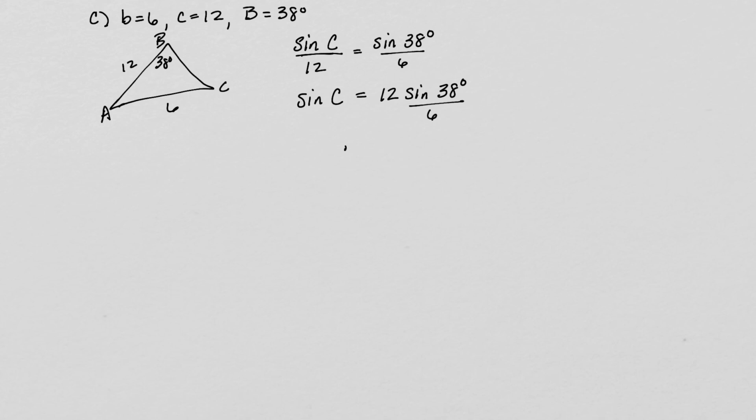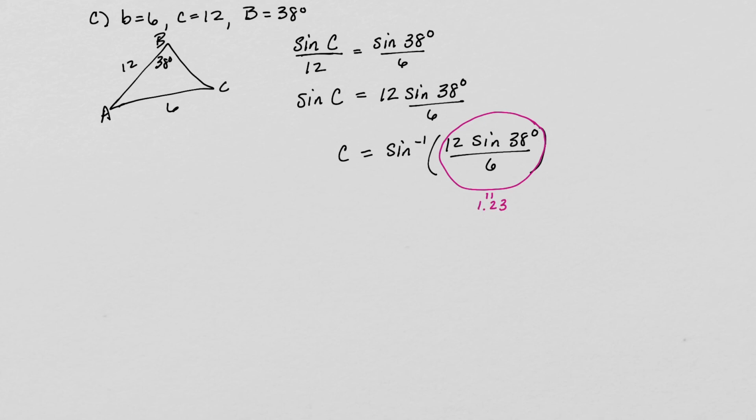Now, in the last problems, we then take the inverse sine, right? So C would be equal to the inverse sine of 12 sine 38 degrees all over 6. If you try to punch that into your calculator, it will yell at you. It will say you can't do it. And the reason why is because the stuff inside here is actually roughly 1.23. And so it's a number bigger than 1, and the sine only goes between 1 and negative 1.